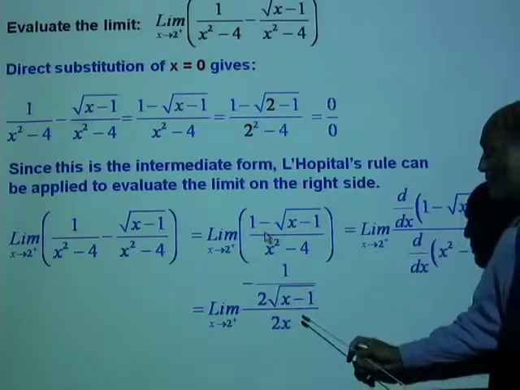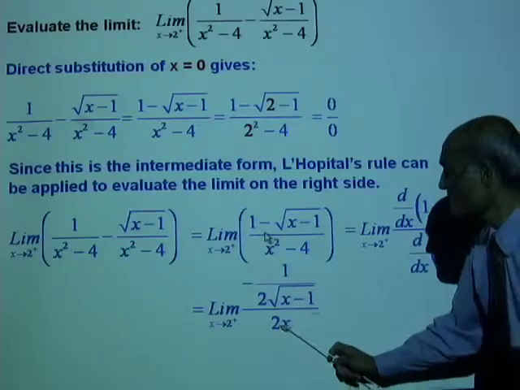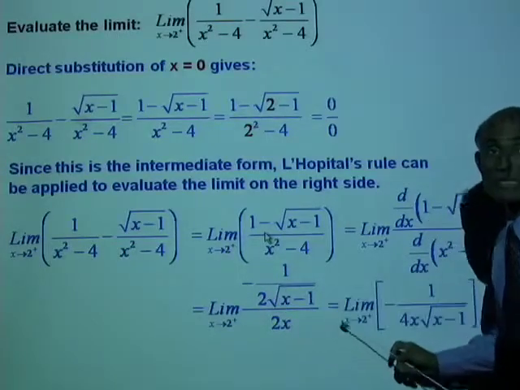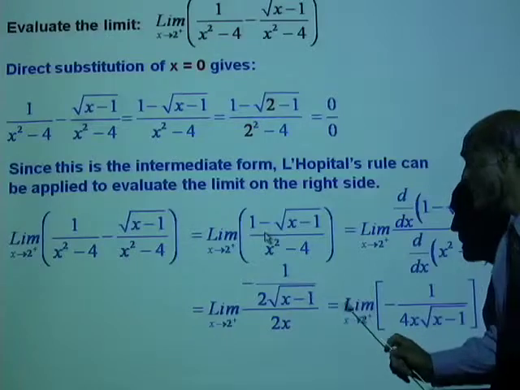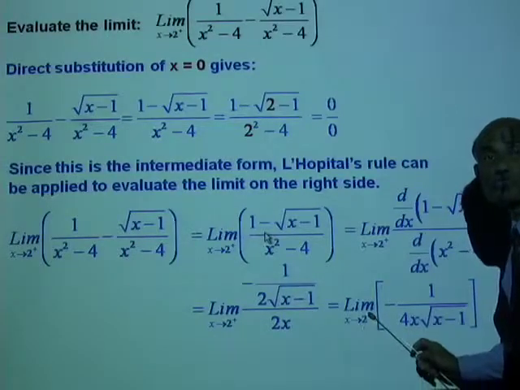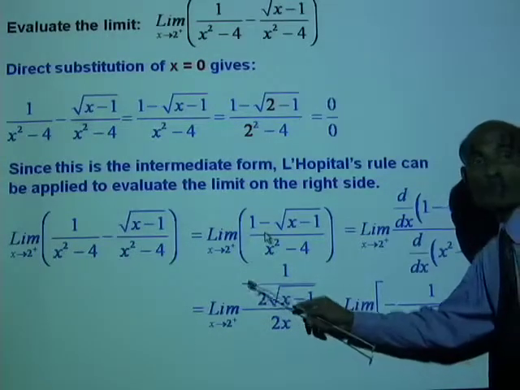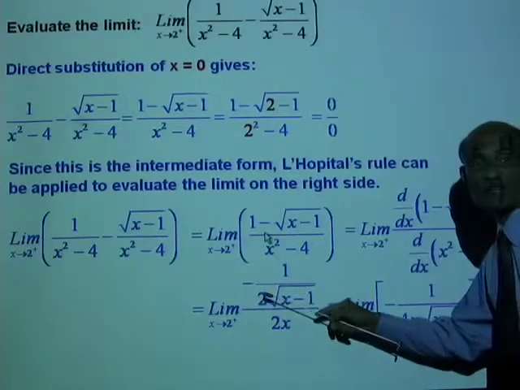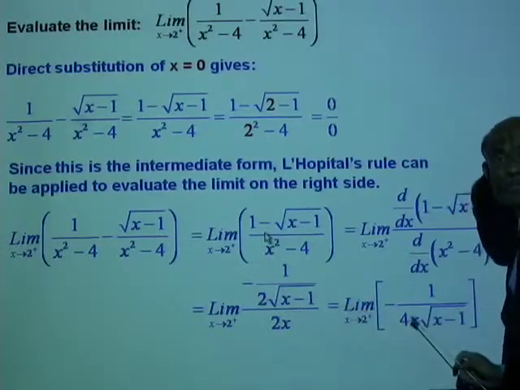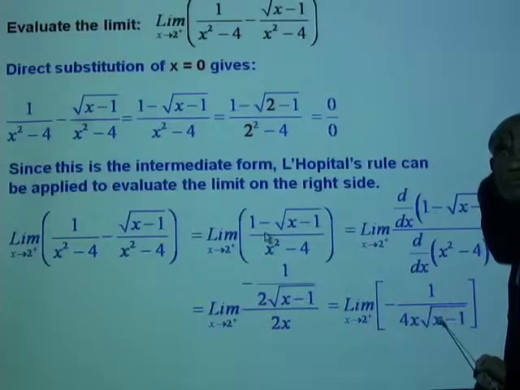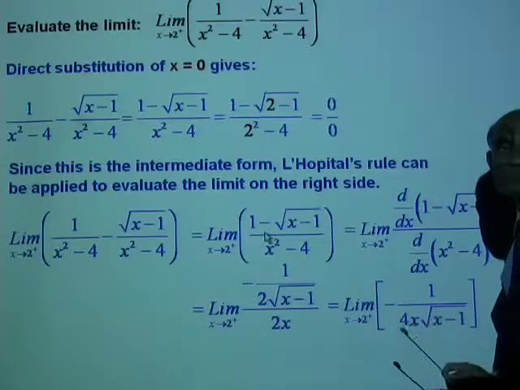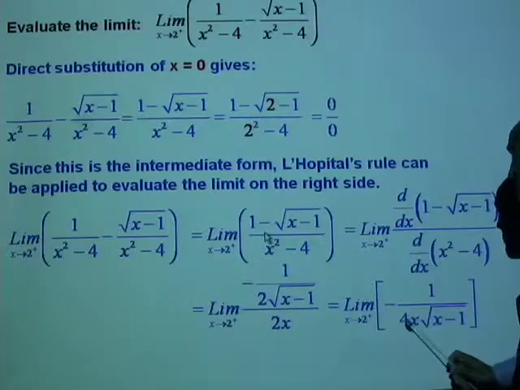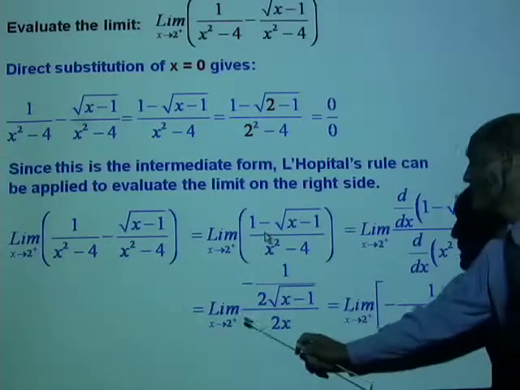Now simplify this. The 2x will stay in the denominator. It will become limit x approaches 2 from the right of negative 1 over, look at that, this 2x will combine with this 2, giving you 4x square root x minus 1. And can we now replace x by 2?